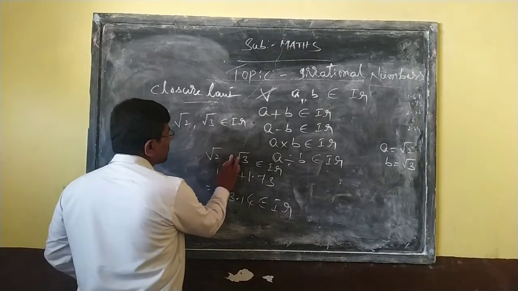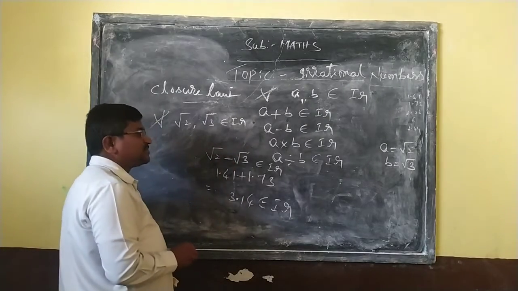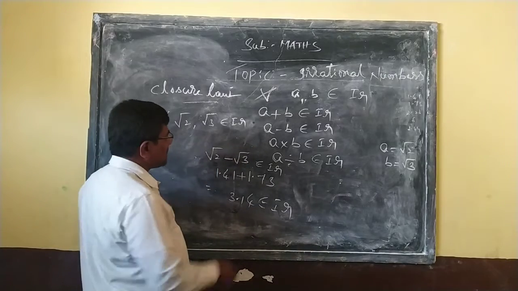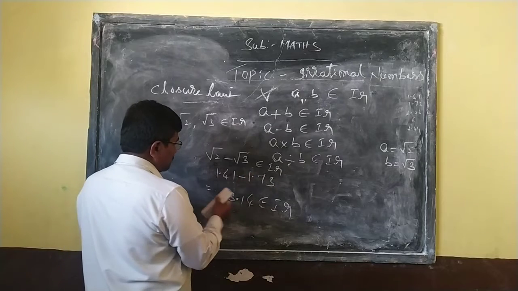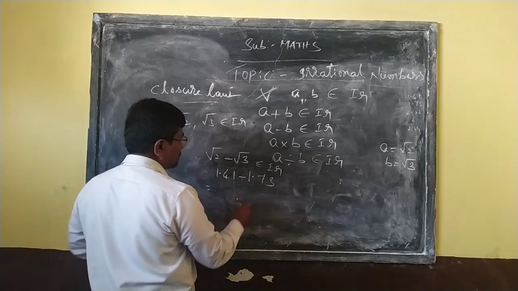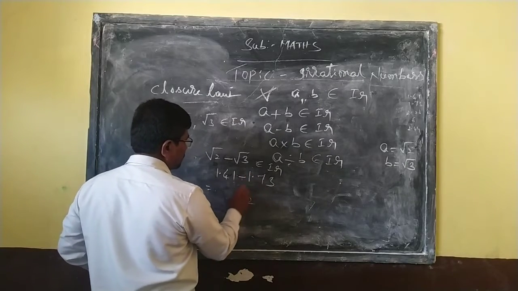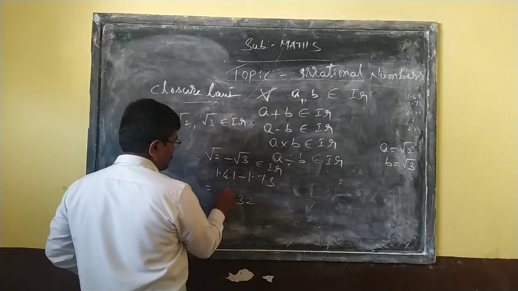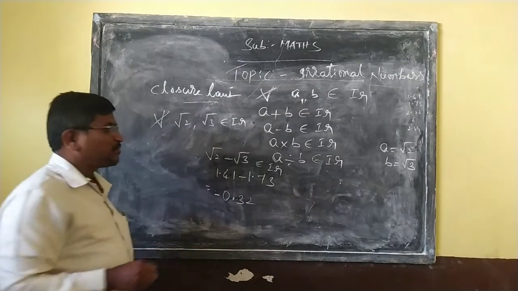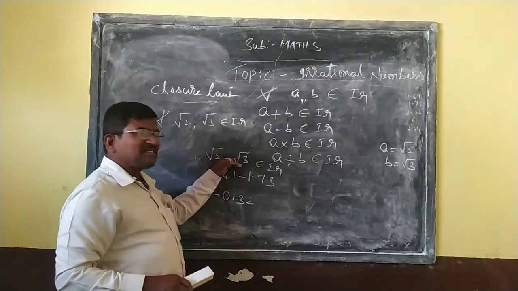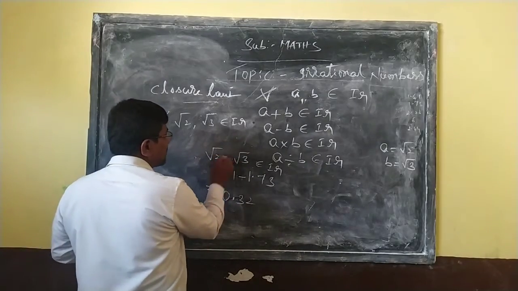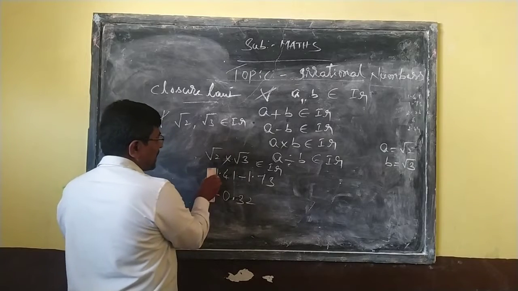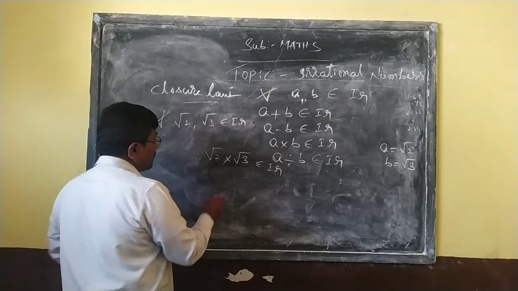Similarly, difference: root 2 minus root 3. Take the difference. The negative value will come, that's all. Minus 0.32. Otherwise, keep it as it is. Clear, students? So, difference. Then multiply. You can multiply.